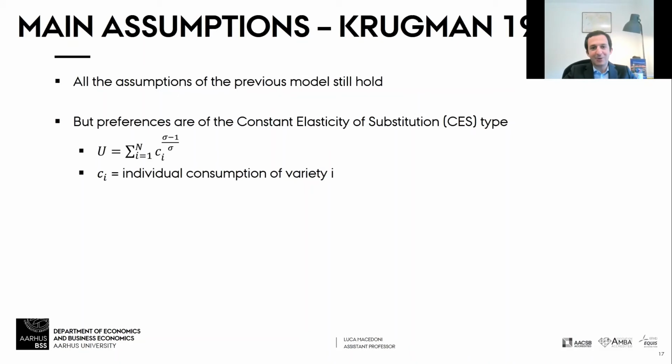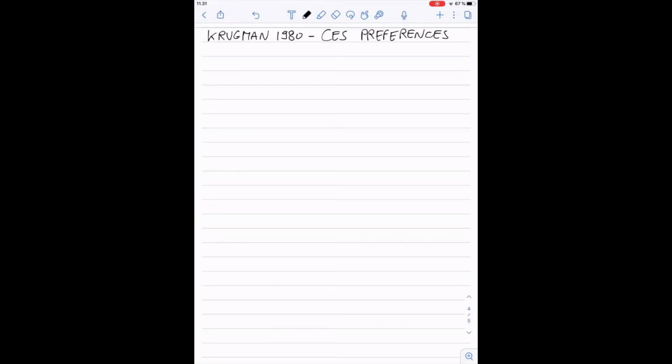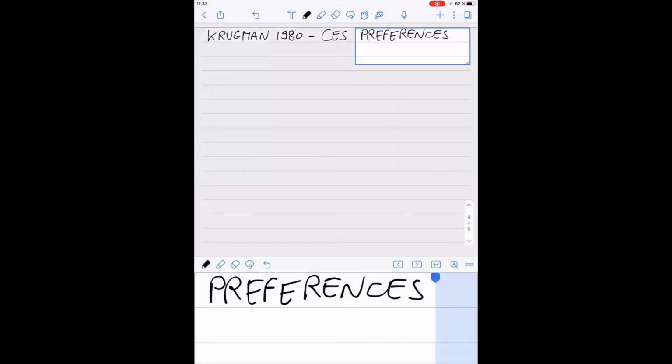If you manage to achieve these things with the preference structure or other functional forms, you're great. So let's see how this simple difference in the preferences is going to yield very different predictions. The main difference between the Krugman 1980 model and the model that we saw previously is in the preferences used. Particularly, in Krugman 1980 we see CES preferences.